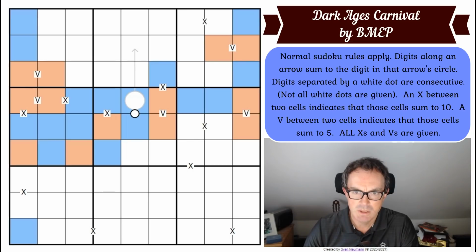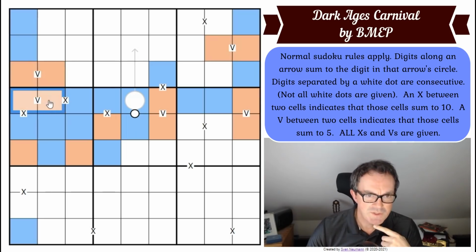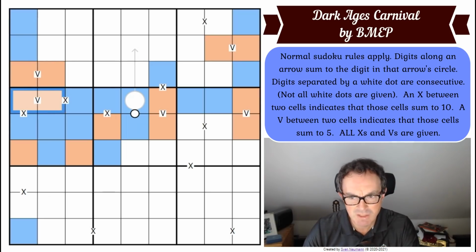Now I could do something similar. Look, if I knew these were different, I would know that these were both blue. Do we know what those are? Maybe. What I can see is, imagine that was a 1-4 pair.